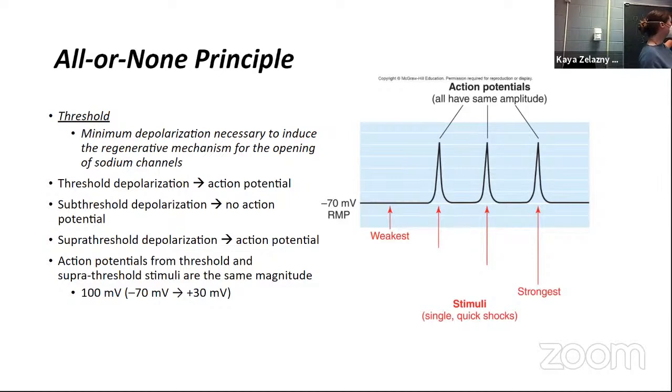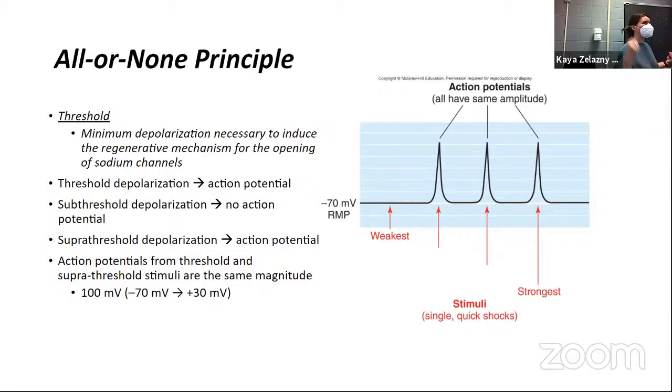So that's our sub-threshold depolarization, which is a way we might describe a graded potential, or a response to a stimulus. A suprathreshold depolarization could happen.